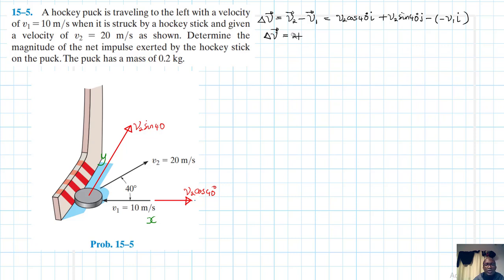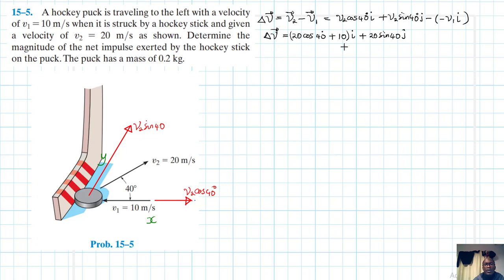V2 is 20, so this is 20 cos 40 plus 10, and all of these are i's, and then plus 20 sine 40 j.